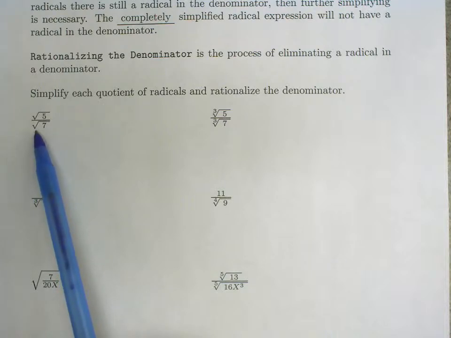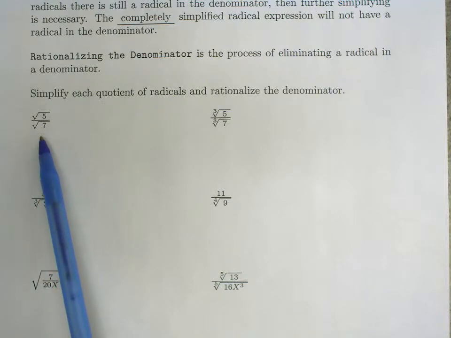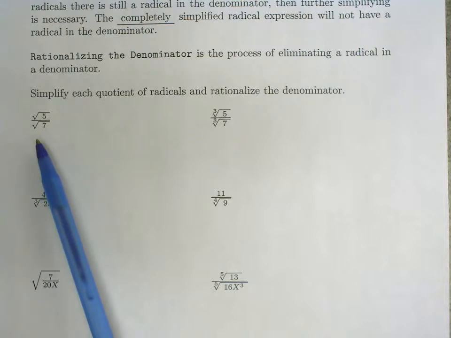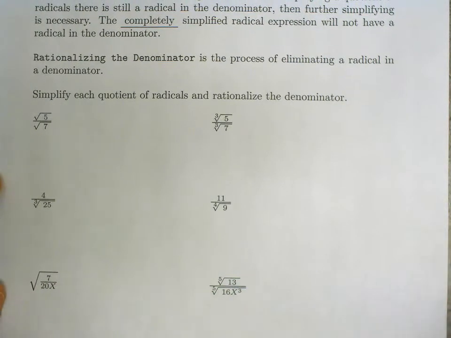Since it's a square root of 7, we ask this question. What would I have to multiply by 7 to get a perfect square? Well, if I multiply 7 times 7, I get 49, and 49 is a perfect square. So that is an adequate answer to that question. So that informs what we do in the next step.